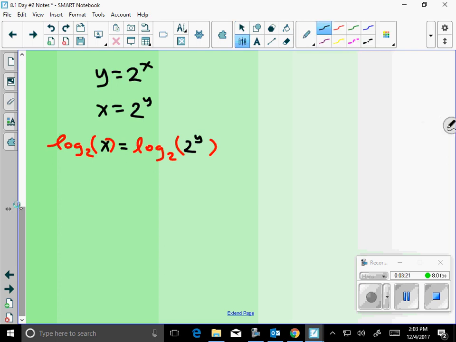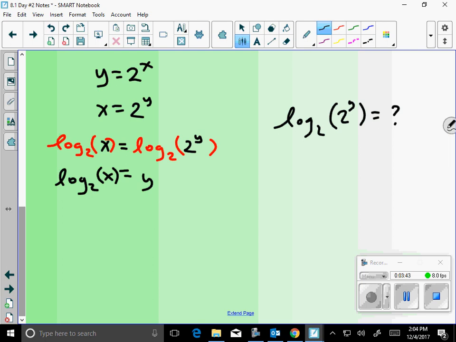So check it out. If I look at everything to the right, what would that have to equal? 2 to what power gives me 2 to the y? Yeah, it'd have to equal y. Oh, look at that. I isolated it. That's the inverse.